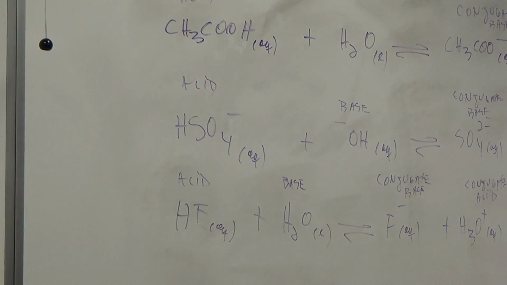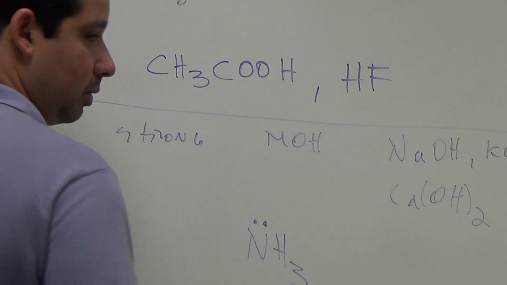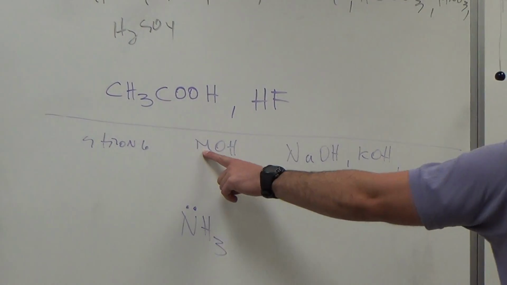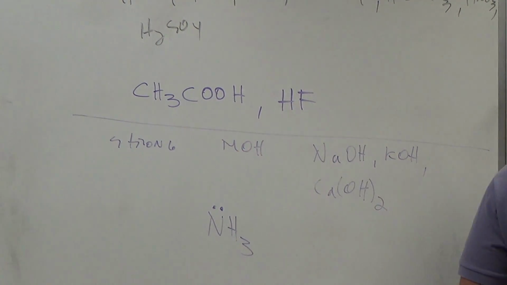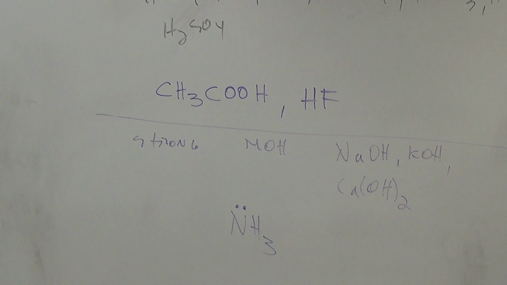Now, the ones that are not strong bases are like NH3, nitrogen containing. This is M, this means metal. Nitrogen containing is a weak base.